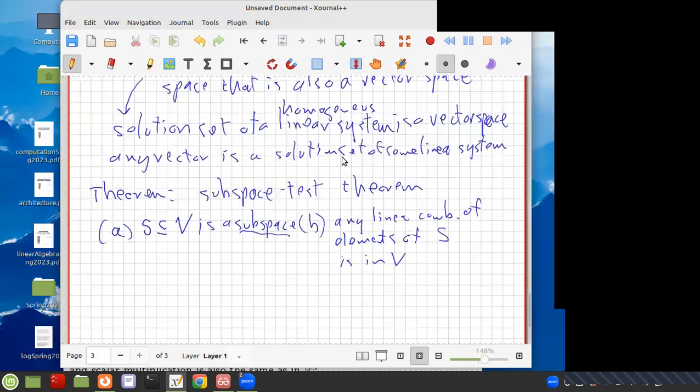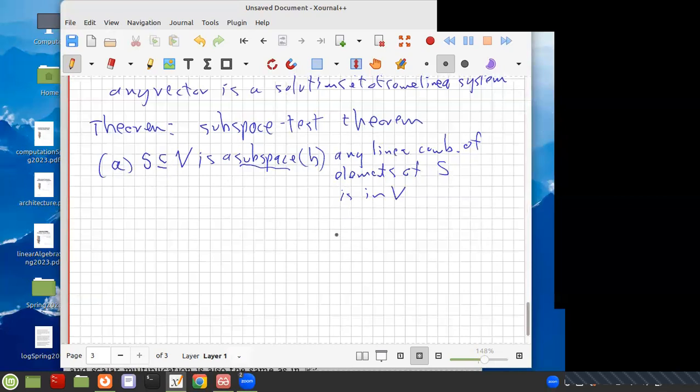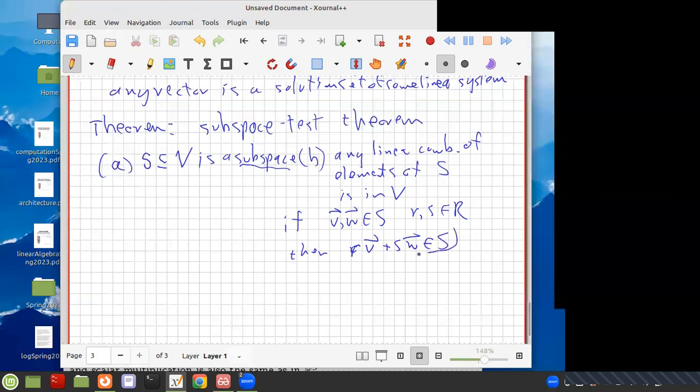So all I have to check, if I want to know whether S is a vector space, is this: if any two vectors v and w are in S, and r and s are any real numbers, then rv plus sw is a member of S. If you can show that this is true, then S is a subspace.